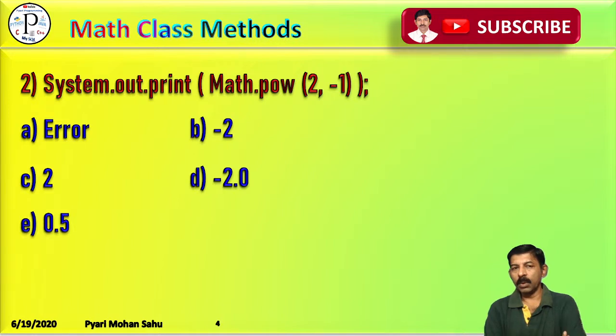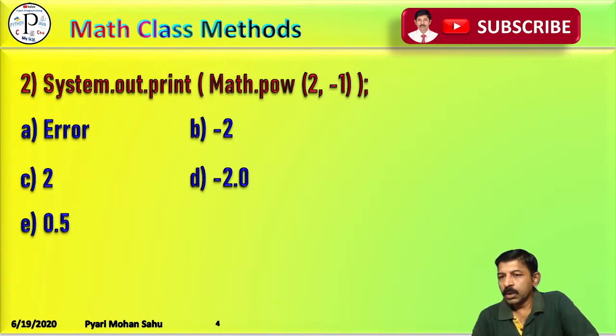But 2 to the power minus 1 is why 0.5? Because math pow return type is double.